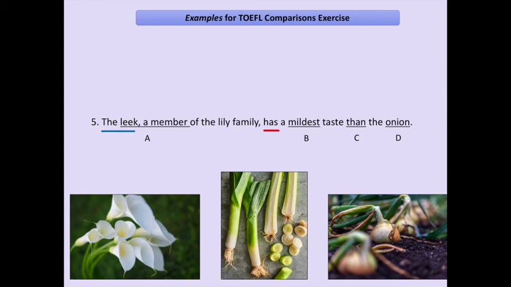When you compare two things, you need to use comparative adjectives, not superlative adjectives. And look, mildest is a superlative. So we will circle boy because here the answer should be milder, a comparative adjective, because we're comparing only two objects.